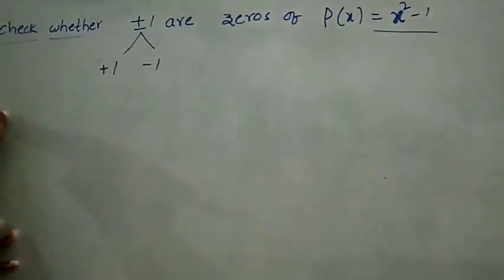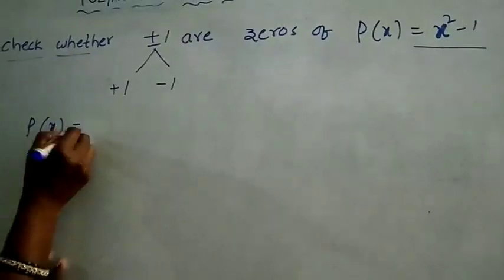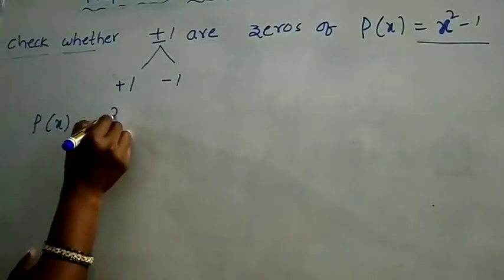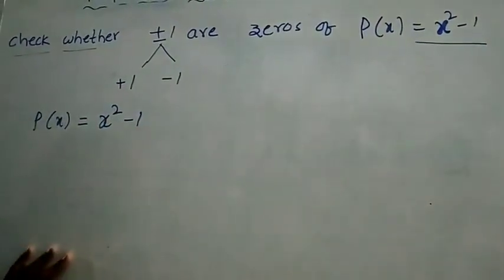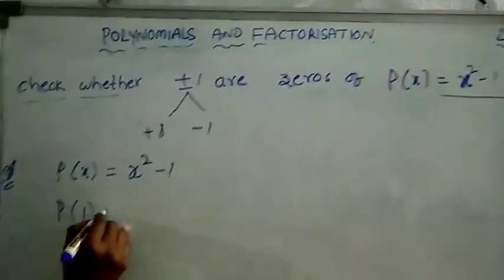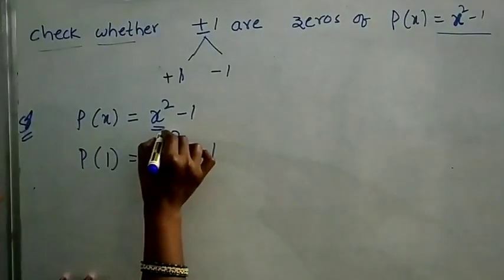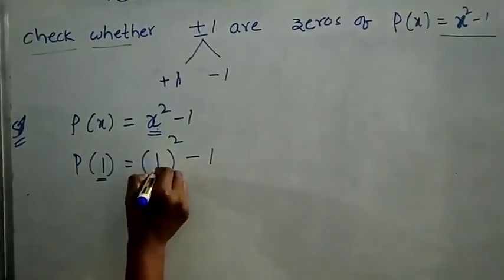Then it is said to be 0 of the given polynomial. Okay, children, we will see the solution now. The given polynomial p of x is equal to x square minus 1. First we have to find p of 1. That means in the given polynomial, in place of x, we have to write 1.